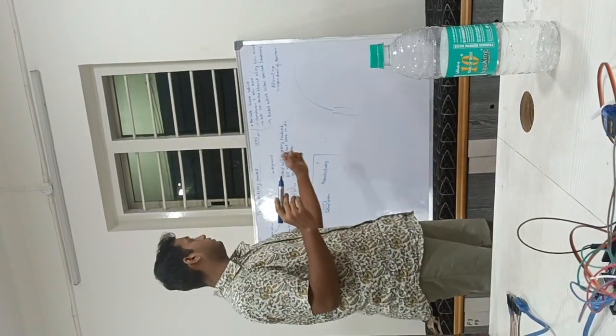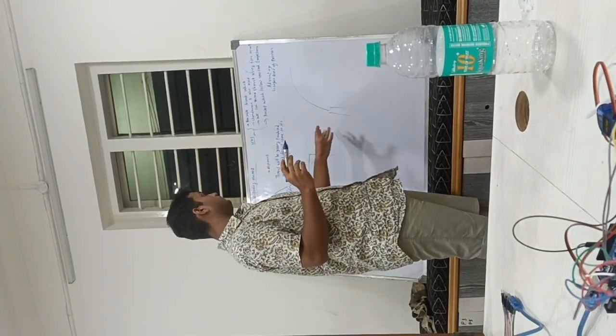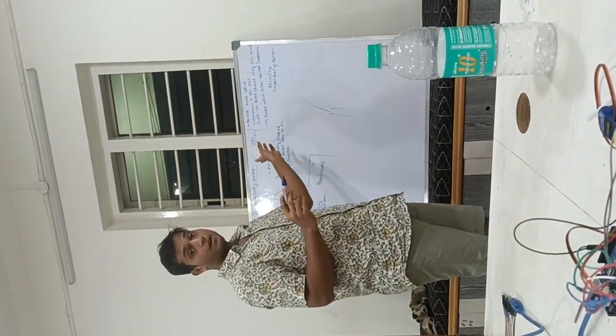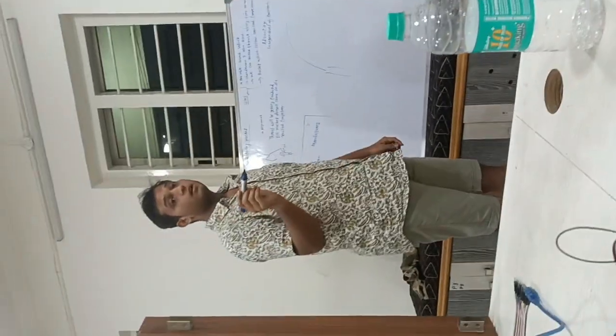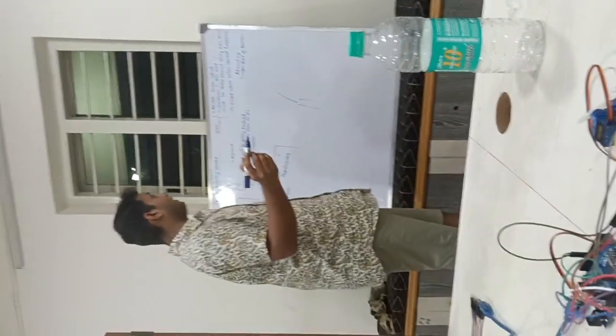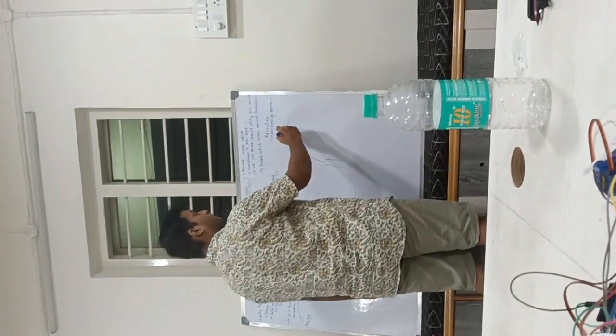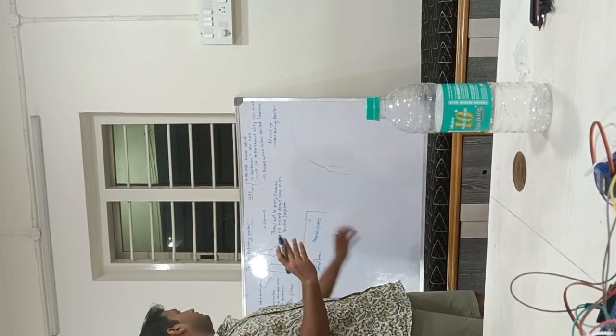To make the rocket follow this trajectory, we will use a thrust vectoring mechanism. Now, what is the advantage of the thrust vectoring mechanism? It has a higher level of precision.